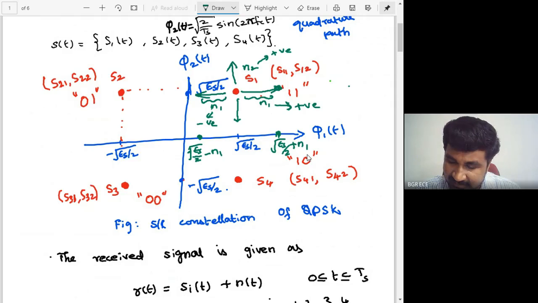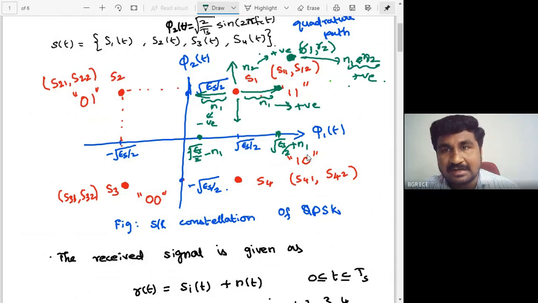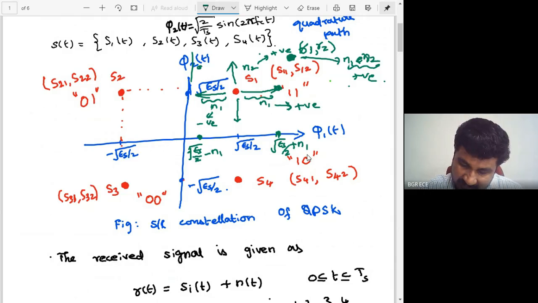So finally, if n1 and n2 are both positive, the received value R1, R2 will be located here. If n1 and n2 are negative values, it will move here.